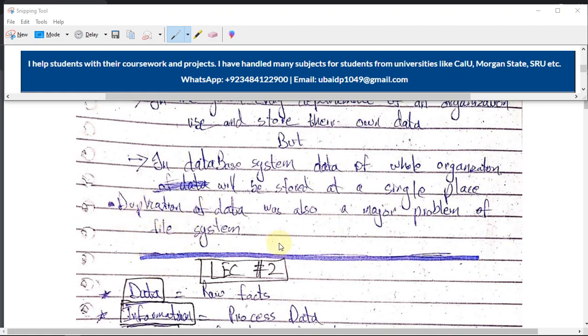And so the duplication of data is removed, or you can say is very low, in the DBMS, right? So duplication of data was also a major problem of this old system, which is the file system, to store data and use it.